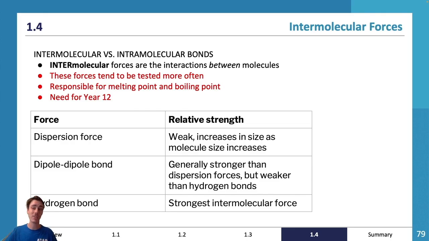This is slightly stronger than a dipole-dipole and can explain why melting points or boiling points increase a bit more in some molecules that have nitrogen, oxygen, fluorine, or a hydrogen, although they need at least two of them. That's why we call it the NOF rule. Some people call it the FON rule. I call it the NOF rule, the nitrogen, oxygen, fluorine.